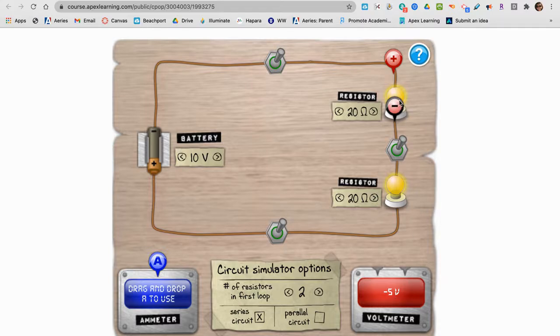So this tells me that the voltage of this resistor is 5 volts. And you can do the same thing for the other one. Here's the negative, here's the positive. I put it on either side of the resistor and it gives me the voltage of that resistor. So that's how you use the ammeter and the voltmeter for this simulation.